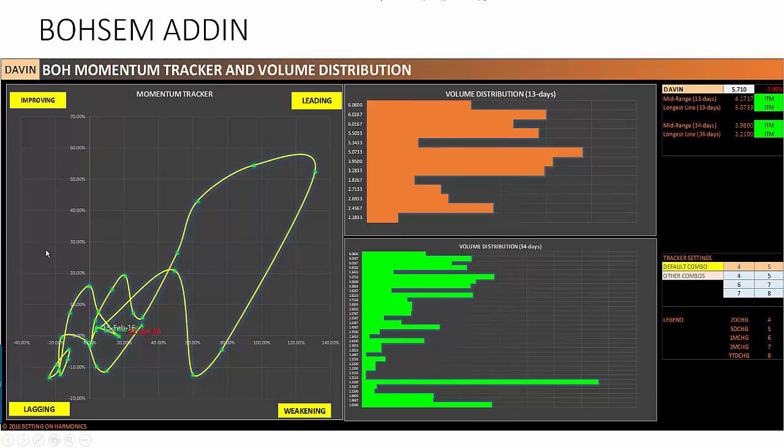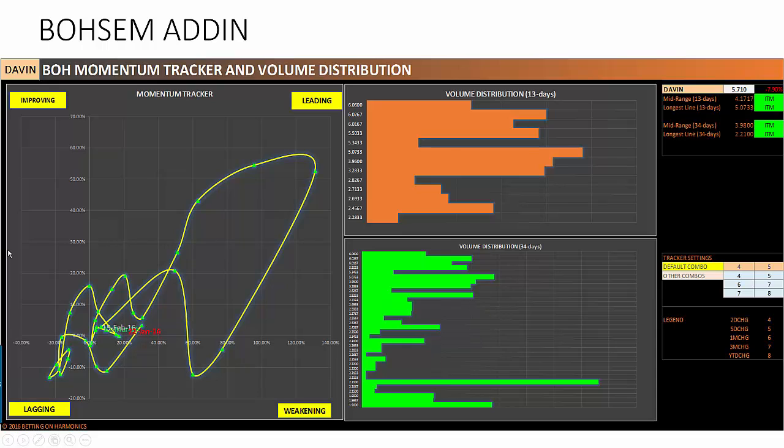So, on the left panel, you have your momentum tracker. So, if you're familiar with our scatter plot, multi-duration return scatter plot, where we compare different stocks against each other over 2 time horizons or 2 period returns and try to assess if period returns are leading, weakening, lagging, or improving.